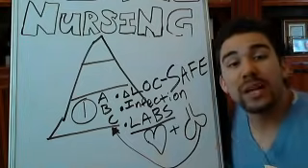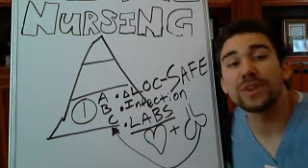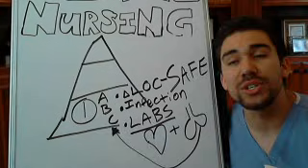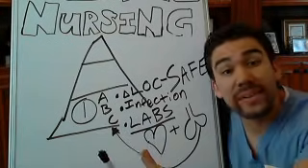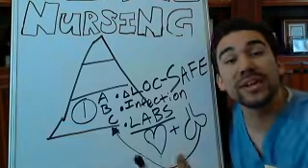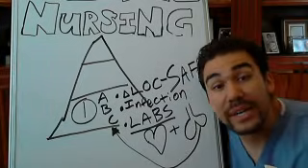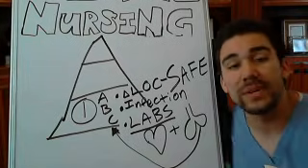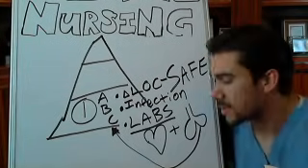You have to know your criteria for your SIRS, your septic patients, in terms of are they going into SIRS criteria? That's systemic inflammatory response syndrome criteria. So if you guys don't know that, then you're not going to be able to understand who goes first.